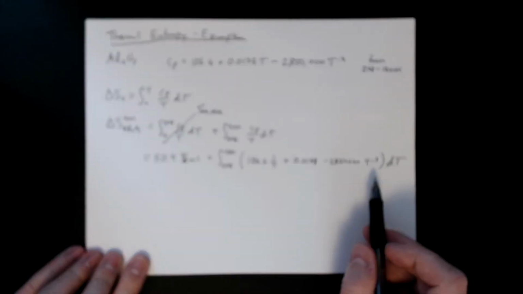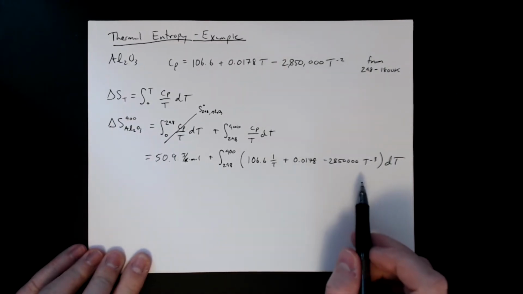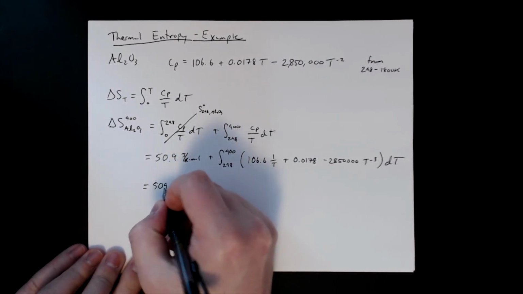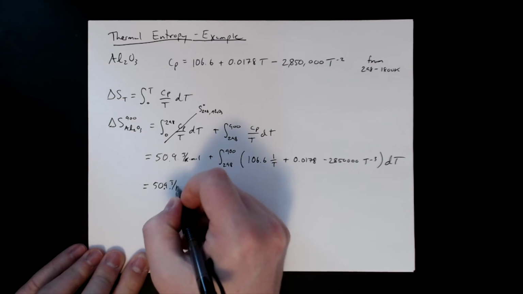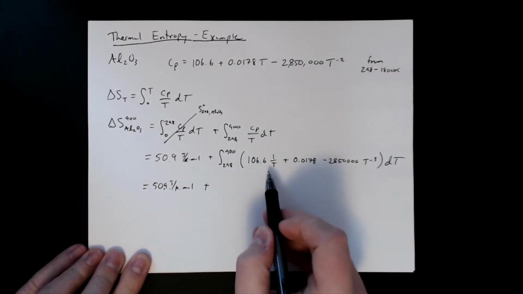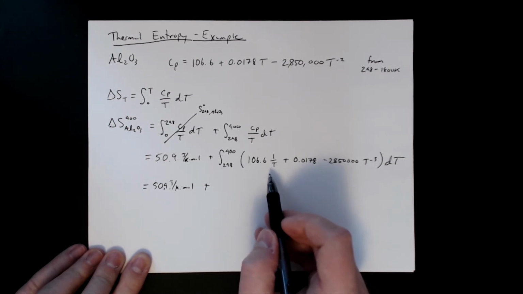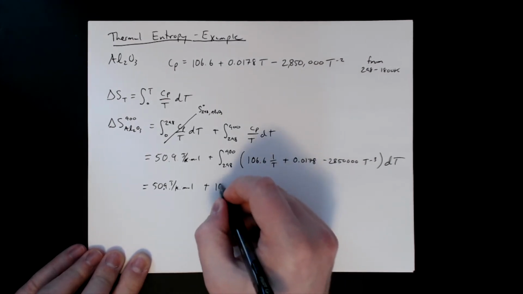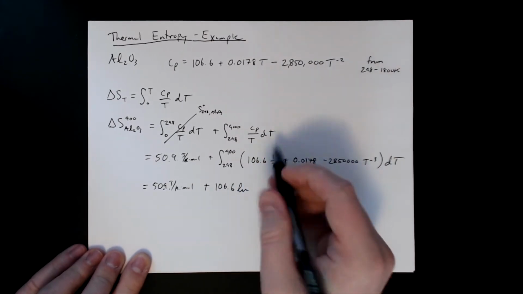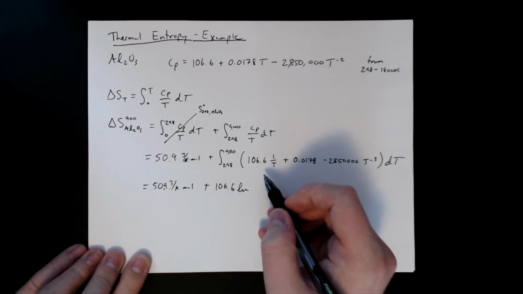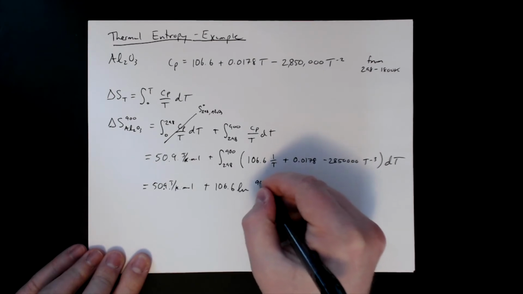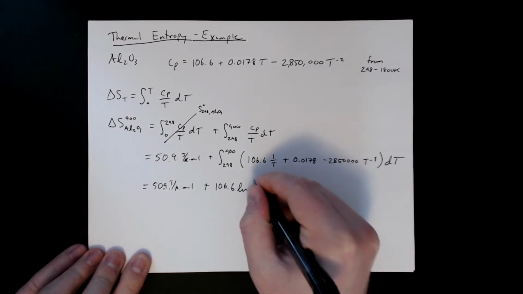So basically, taking the integral of each term, that's going to leave us with, for 1 over T, the log of that. So 106.6 times the natural log of T, but then we evaluate from 298 to 900, so that ends up being 900 over 298.